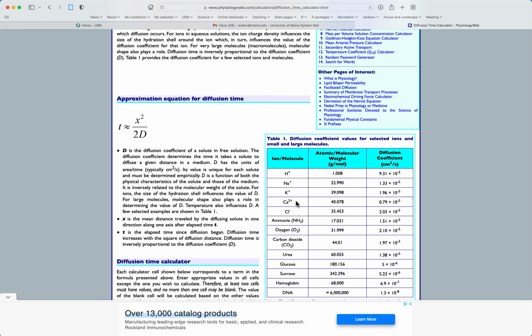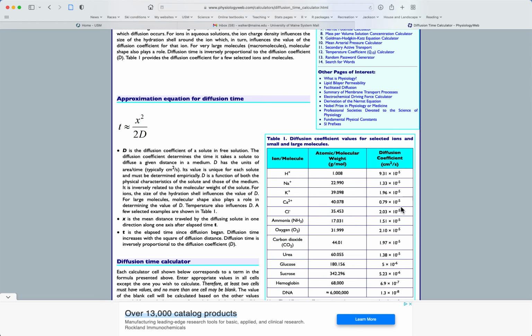The diffusion coefficient itself is here in this rightmost column, and it's a function of the size of the particle. So the smaller the chemical, the bigger the diffusion coefficient. Really big molecules like hemoglobin and DNA especially have much smaller diffusion coefficients, right?